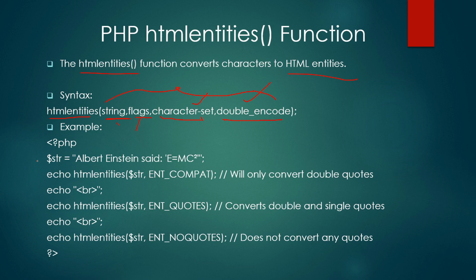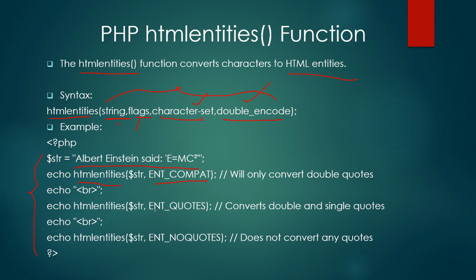I have taken a similar example, but here I have written the string in a normal way. I haven't included any HTML entities for now, and I'm converting this string into HTML entities, so that's why I have made use of this function. The flag that I have used in this case is ENT_COMPAT, and it will convert double quotes.